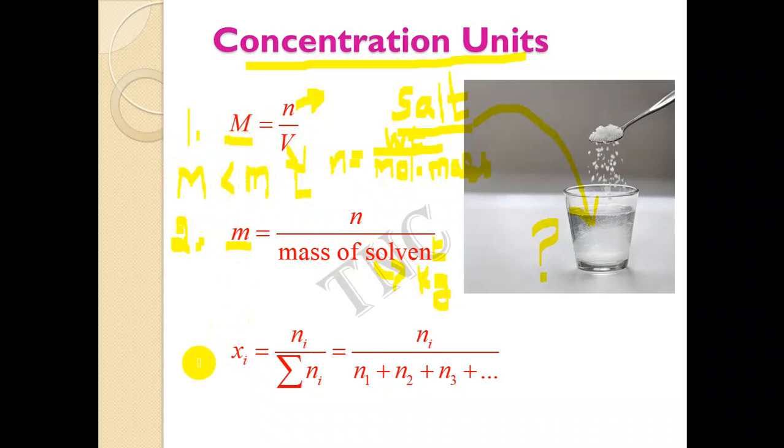Now let's move to the third concentration term, mole fraction, which is indicated by a lowercase x. This mole fraction can be calculated for both solute as well as solvent. Already I said that solute is denoted by the number 2, so we can use x2 as the mole fraction of solute.